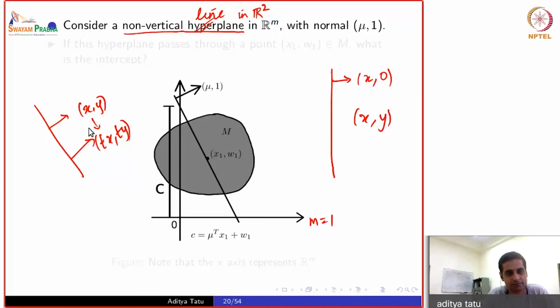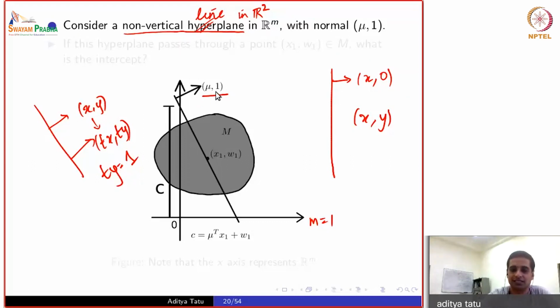Agreed? So by choosing an appropriate t, for any non-vertical hyperplane I can write the normal as mu comma 1, finding t such that t times y equals 1. As long as y is not 0, which it is not since I'm only using non-vertical hyperplanes, there always exists a t such that ty becomes 1, and therefore the normal can always be written as mu comma 1.